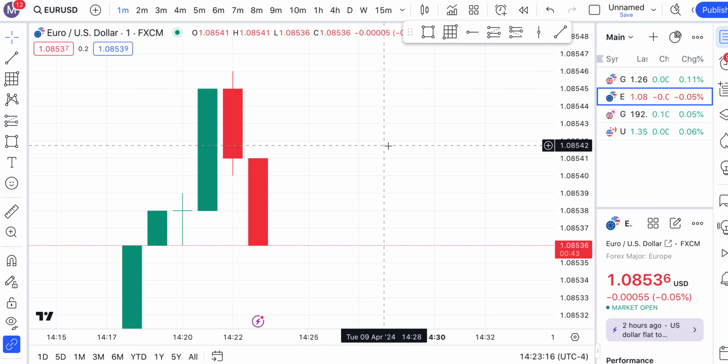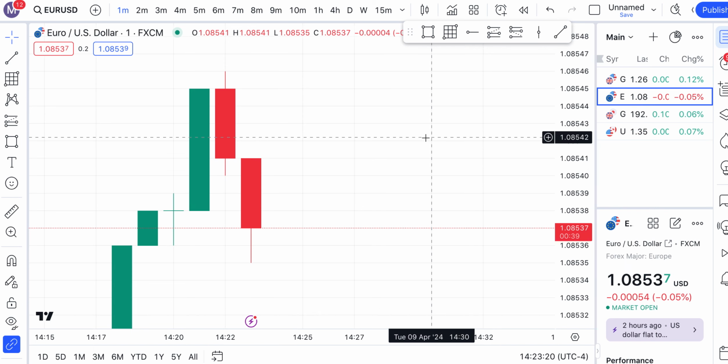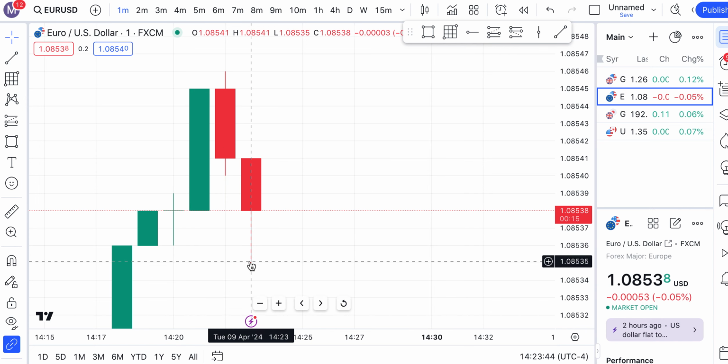We'll look at one more example. So we opened here. I'll just let you guys watch it. It's left a wick behind. You see how it's moving? It came down here, didn't it?